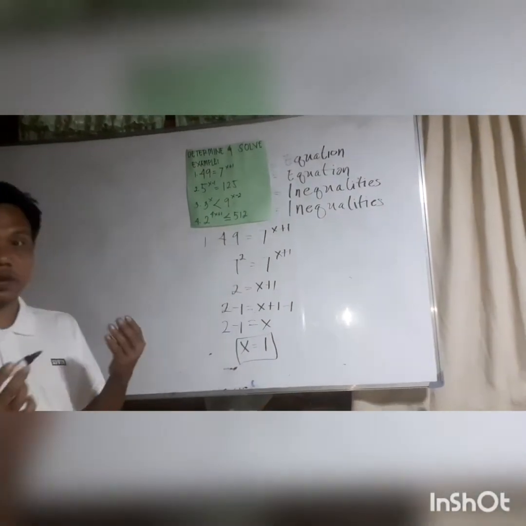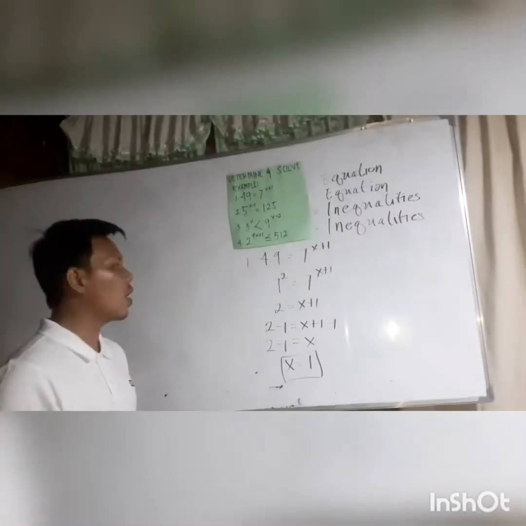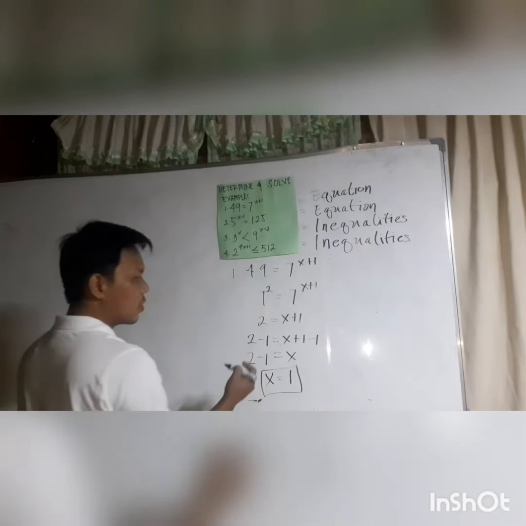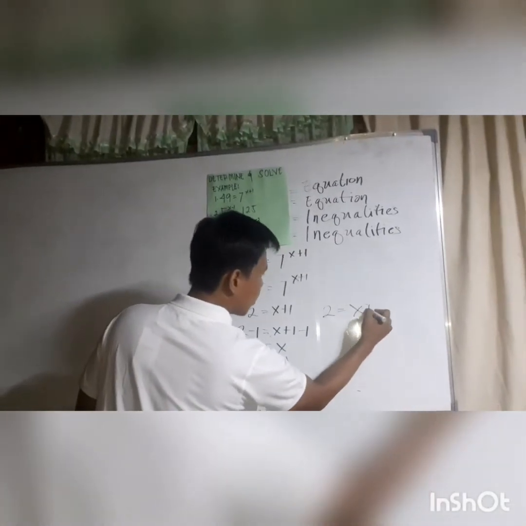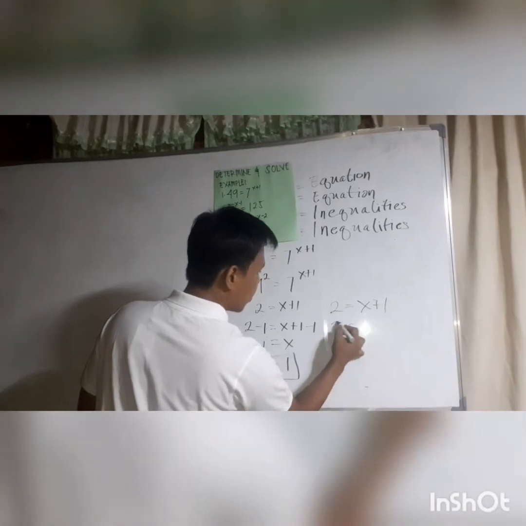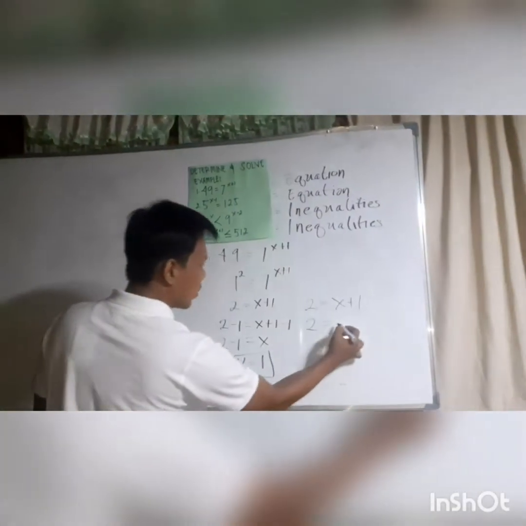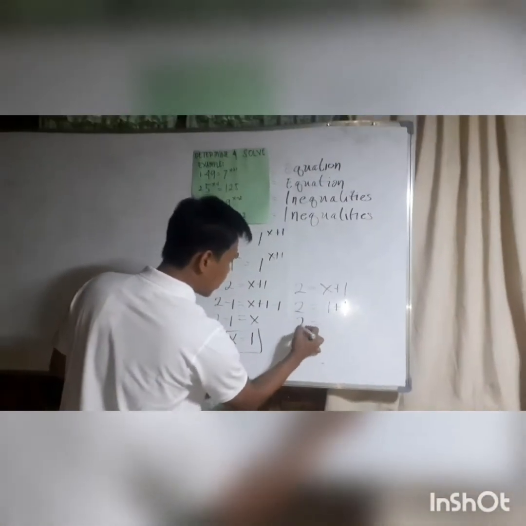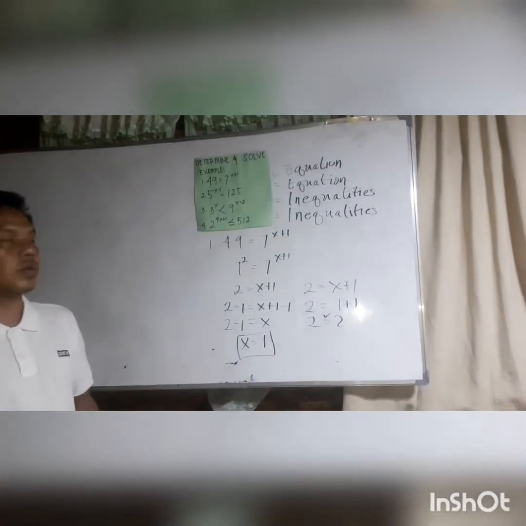So let me check if x equal to 1 is the answer. When we check this, we just substitute the value of x, which is 1. So 2 is equal to 2.